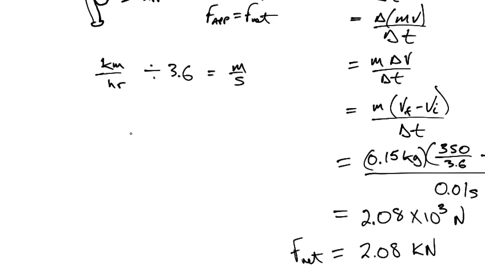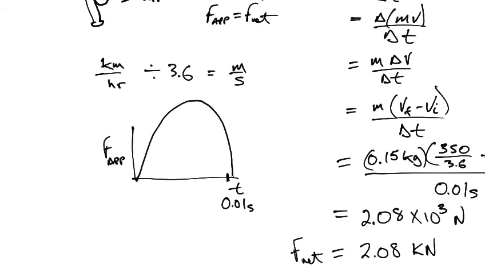So if we were to look at an applied force versus time graph for the time of 0.01 seconds, it would not actually in reality be a flat line. It would be something that looks like this, perhaps. Okay?